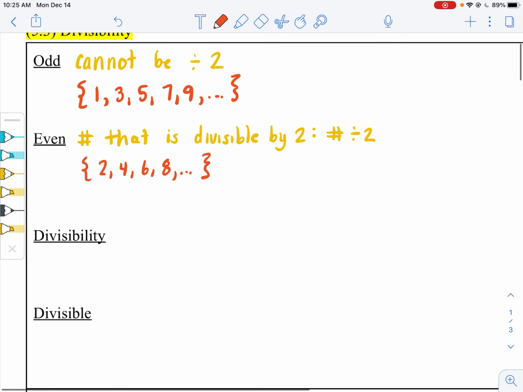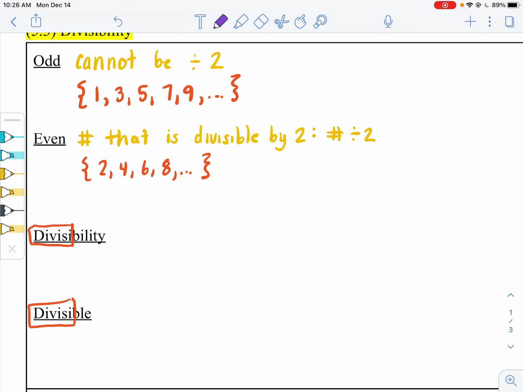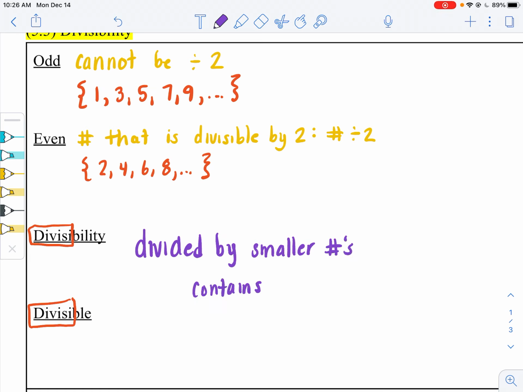I already used the words divisible and divisibility, but just to define it, they both have the "divisi" in it. It means that it can be divided by smaller numbers, or it contains factors.